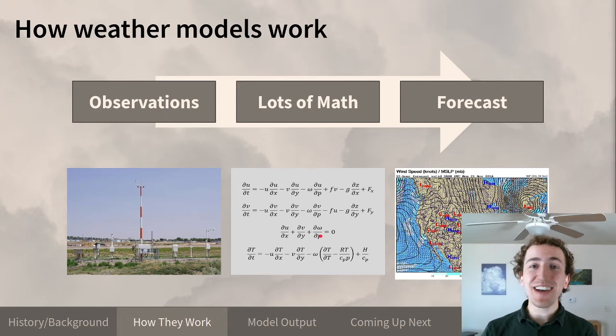If you want to, you can take several courses in numerical weather modeling and all the foundations needed to understand the mathematics. We're not worrying about it here. If you're interested, feel free to contact me though. And then the goal of that is to end up with a forecast, and then something we can actually look at to say what the weather is going to be like in the future.